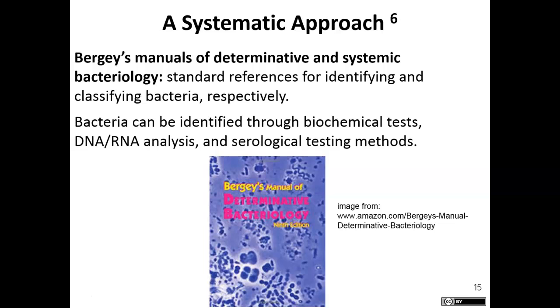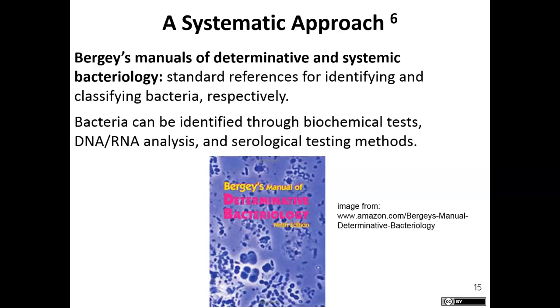So in microbiology, though, we have a very important book that people always use when they are trying to identify microbes. So this is known as Bergey's Manual of Determinative and Systematic Bacteriology. This is a standard reference book for identifying and classifying bacteria.